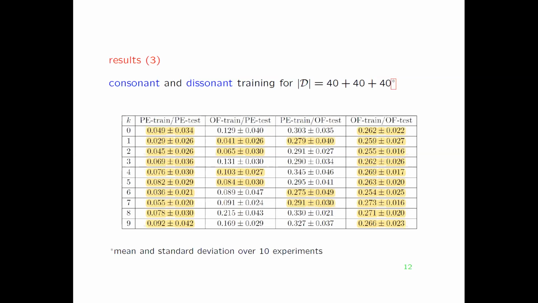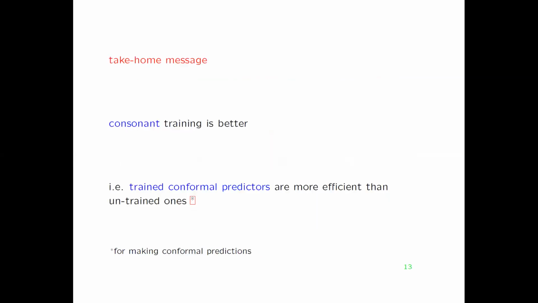So finally, just let me summarize and give you a take-home message. I think that we should not be ambitious here and just say that consonant training is better. And this is expected. Everyone knows that if you train something to do a task, then you should test it on the same task.